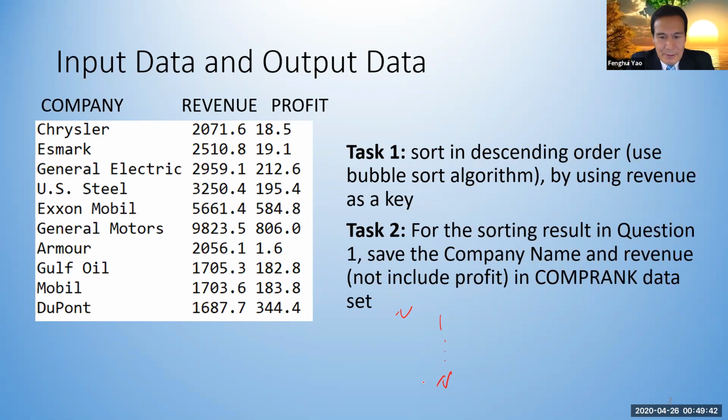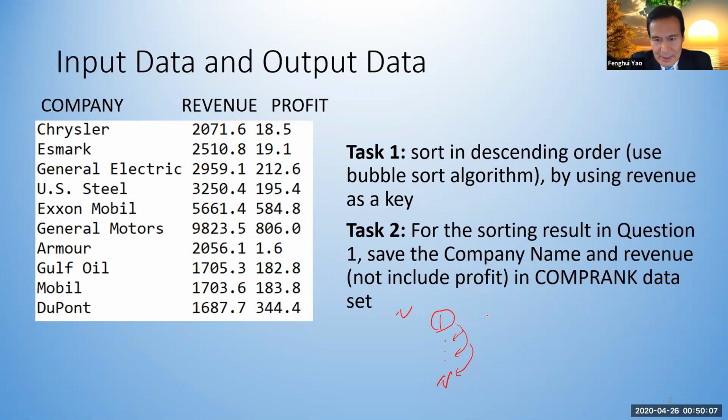We use the first data to compare with the second one, with the third one, with all data. If the first data is smaller than the second one, then exchange. Then if it is smaller than the third one, then exchange. So after this, the largest one will come to the top.